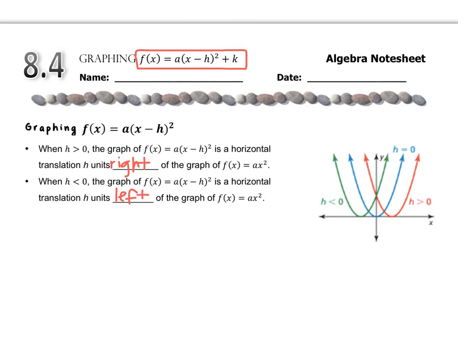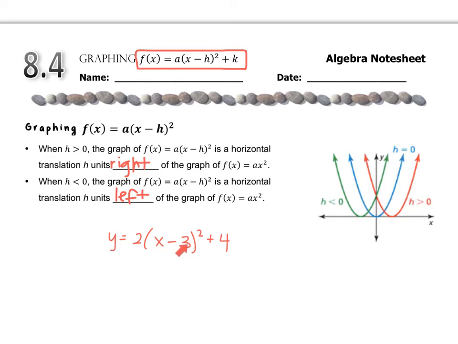Now, something tricky happens though, because since the formula is x minus h, if I had, for example, I'm just going to make up a very simple equation, y equals 2 times x minus 3 squared plus 4. You're like, that's not simple, but it will be in a second. This is the h value right here, this number, but it looks like it's minus 3.